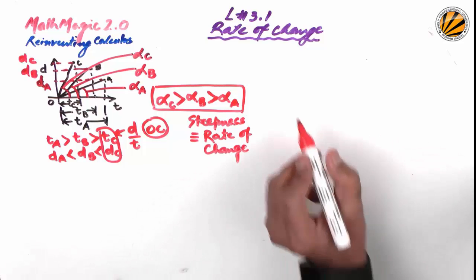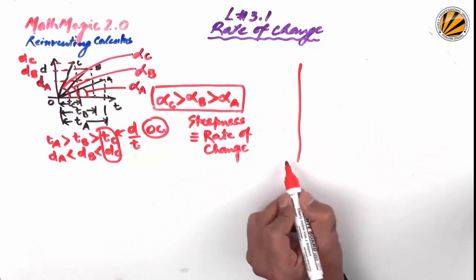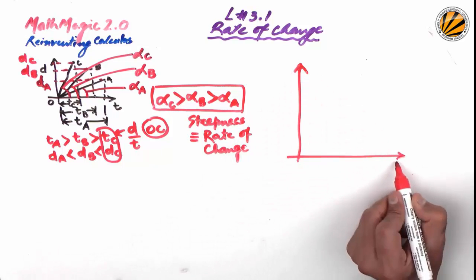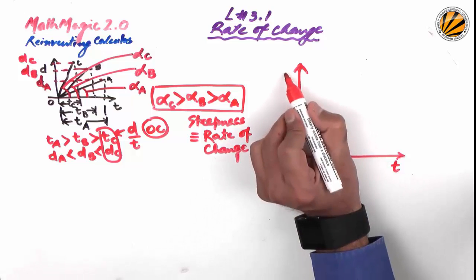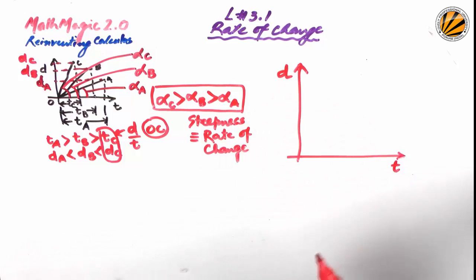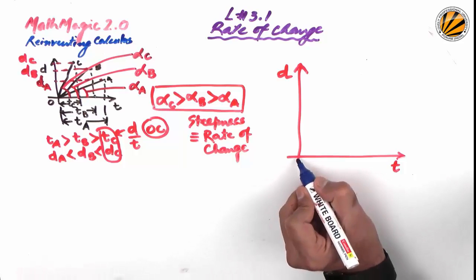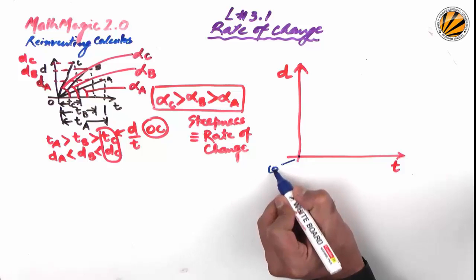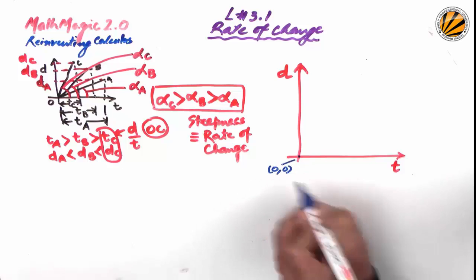Now, another good example I can cite: look at a scenario where there is a time and there is a distance. Say one moves into this scenario. He starts from the origin, where the time is 0 and the distance is also 0.